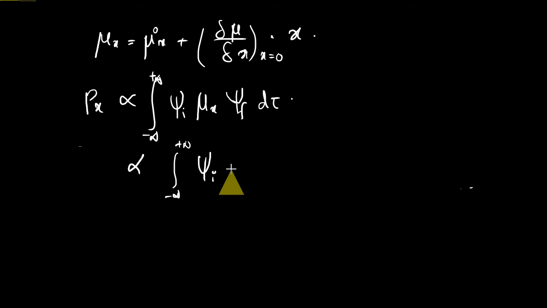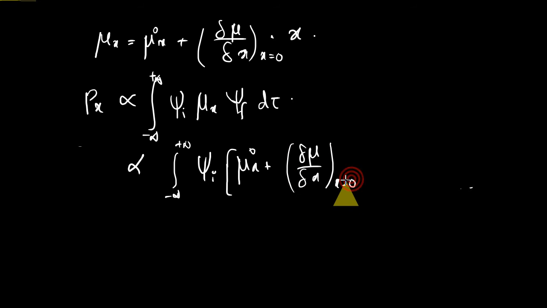Mu x is equal to mu 0 x plus dou mu by dou x at x is equal to 0, multiplied by x. Then what is remaining? Psi f d tau.